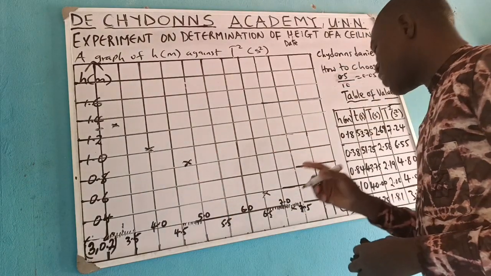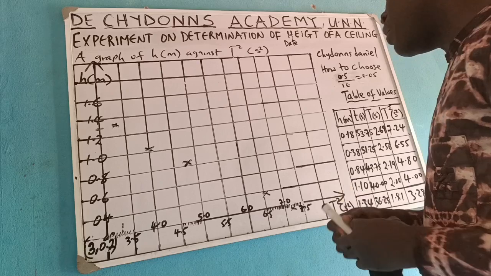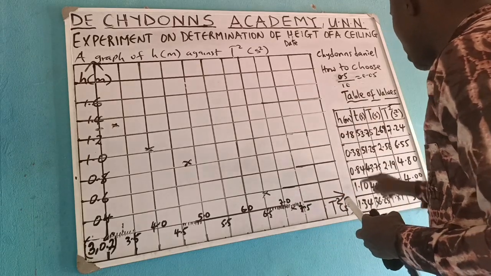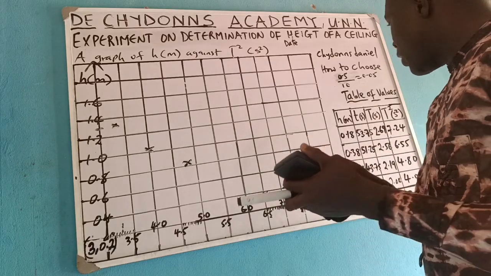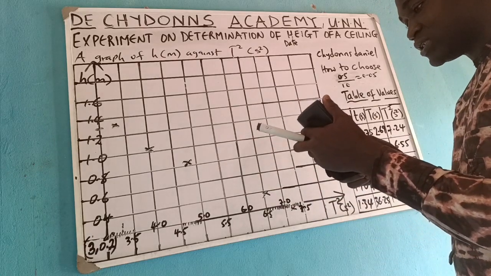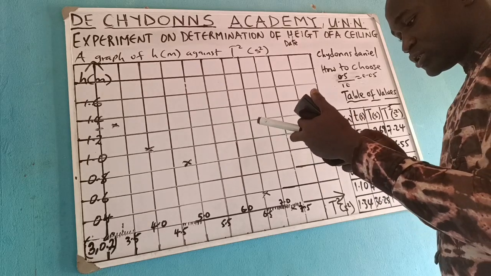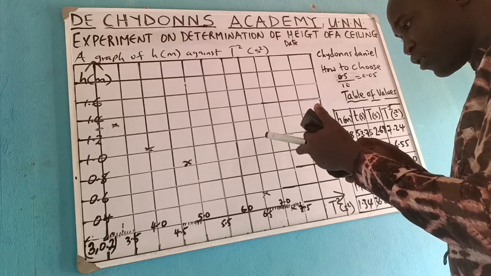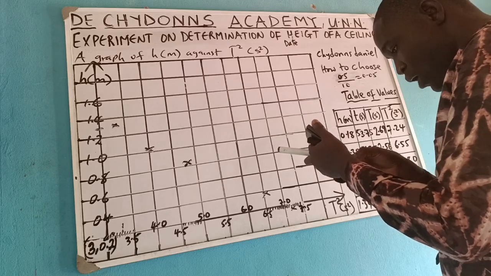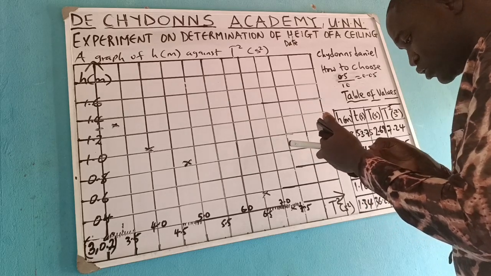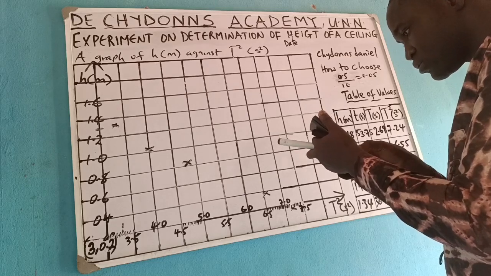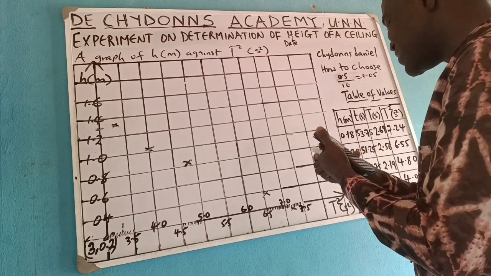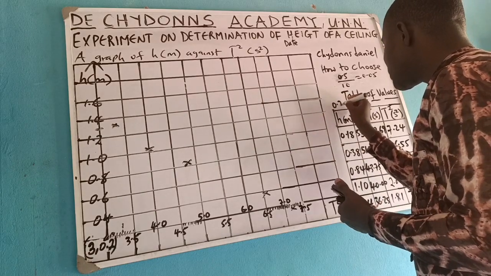Next is to locate our line of best fit. But before we get our line of best fit, we need to get our centroid. Add up all the values of h: 0.18 plus 0.38 plus 0.84 plus 1.10 plus 1.34, divided by 5, gives 0.77.